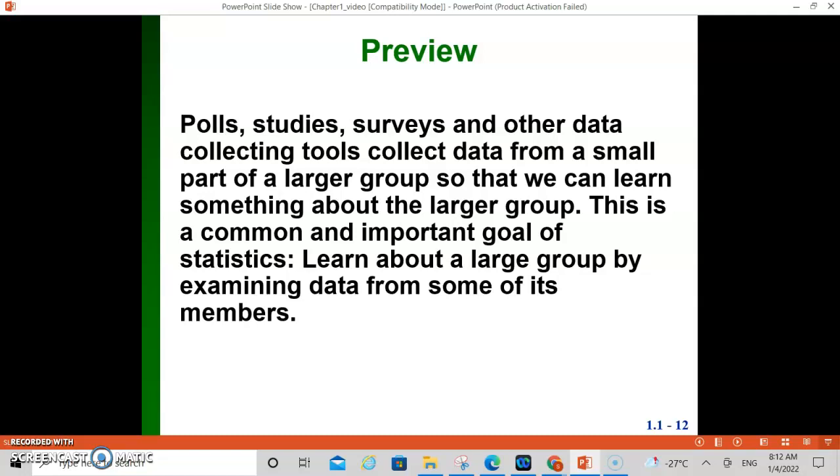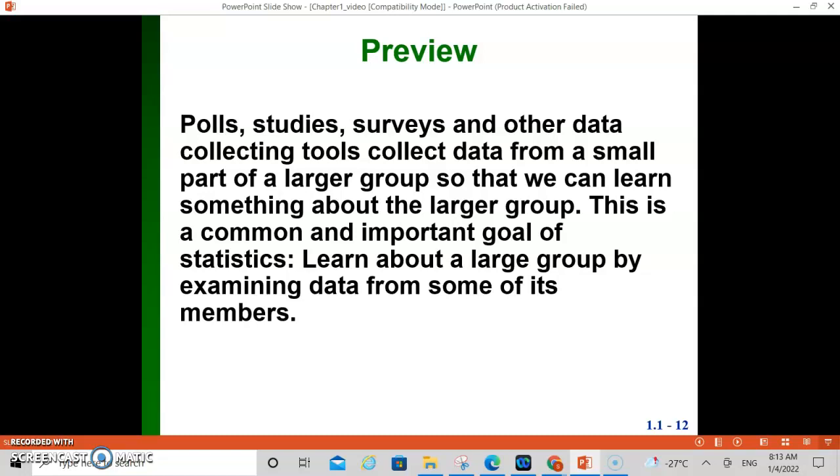That's the way you can collect data, right? Because if we want to study Edmonton or Alberta or Canada, we can't choose the whole population. Instead, you can pick a small group from the large group to get some information, and based on that, you can make a prediction about the whole group.